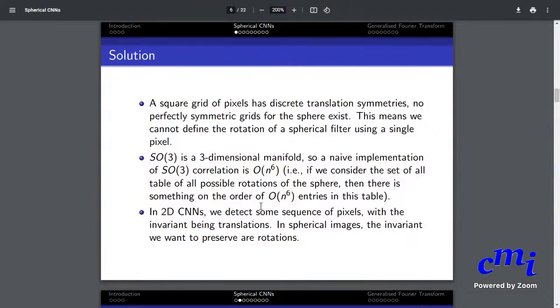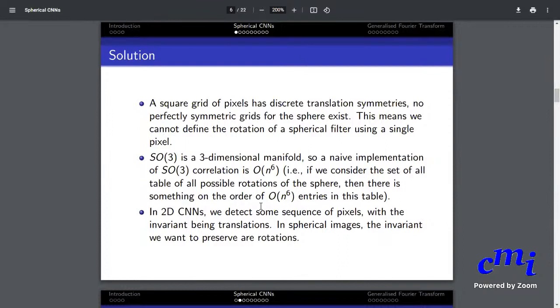So now moving on to the solution. A square grid of pixels has discrete translational symmetries, but no perfect symmetric grids for the sphere exist. So this means that we cannot define the rotation of a spherical filter using a single pixel. Now, SO3 is a 3-dimensional manifold, so a naive implementation of SO3 correlation is on the order of n to the power 6.